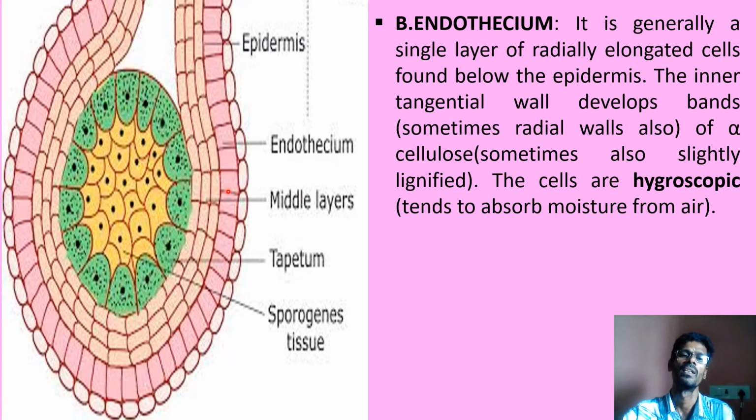So these layers are made of two types of chemicals, namely alpha cellulose and lignin, and hence they are lignified. These cells are hygroscopic in nature, which means they tend to absorb moisture from the air.